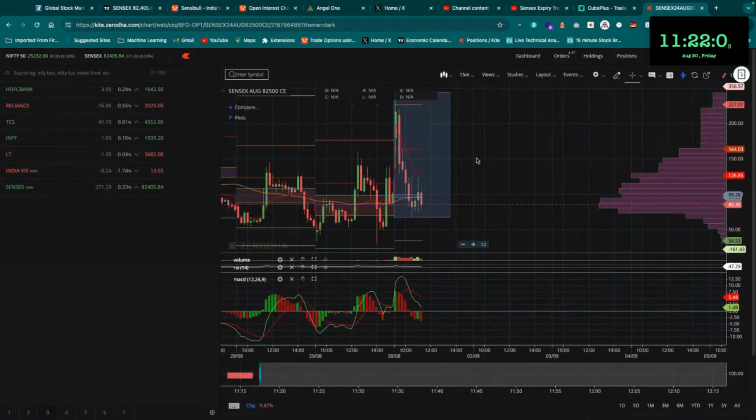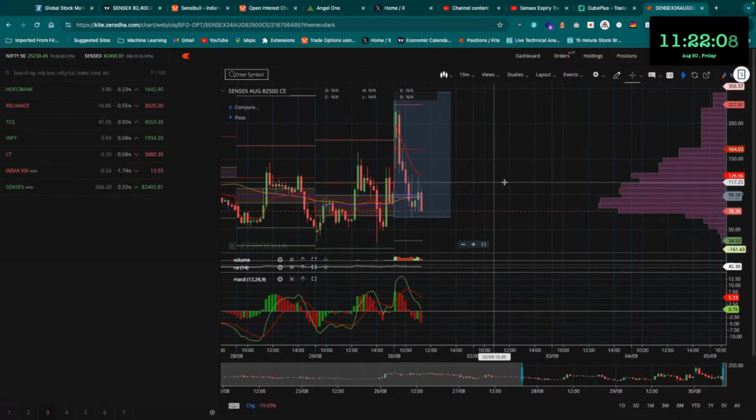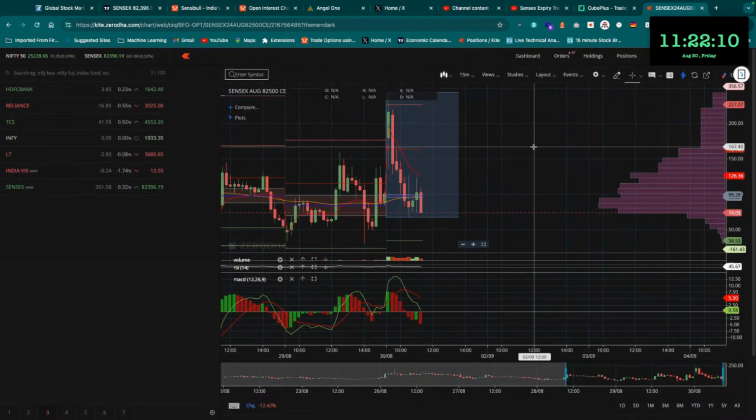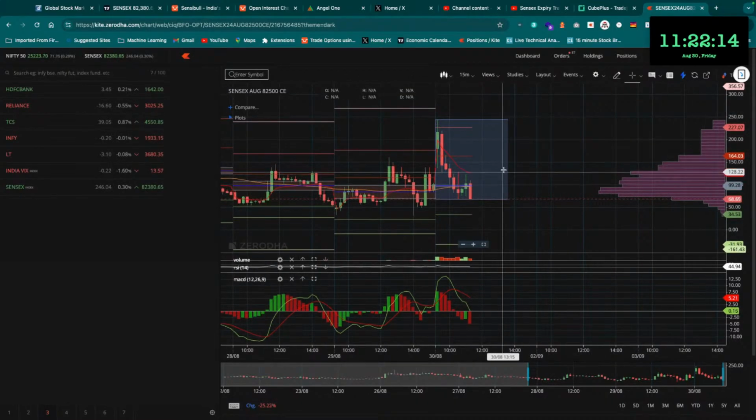Let's look at 15 minutes here. I think it doesn't take any visible support anywhere. I think I did cover the Darvas box earlier, right? So this is also a good indicator to look at when you get time.